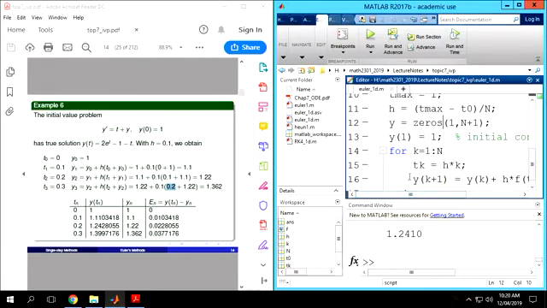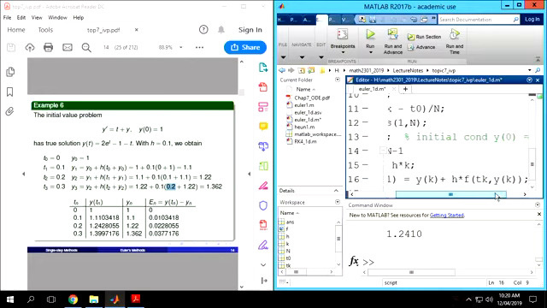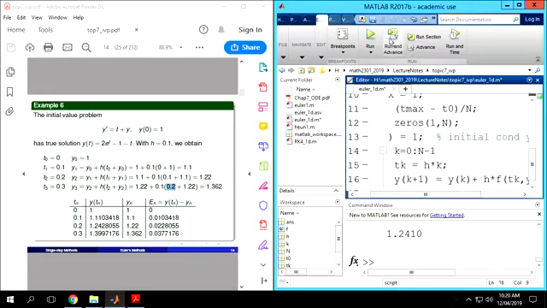No, actually according to this table, k has to run from 0, because you put yk here, then n minus 1 here. So let me adjust this a bit. And run it again.